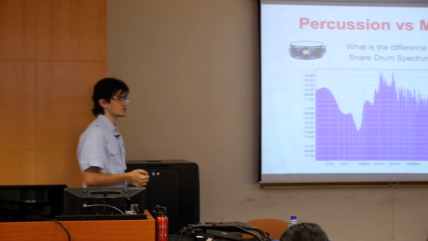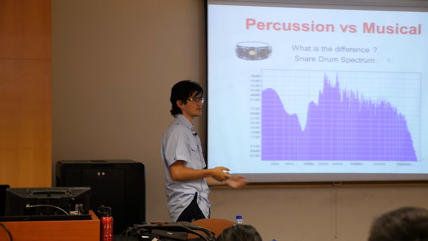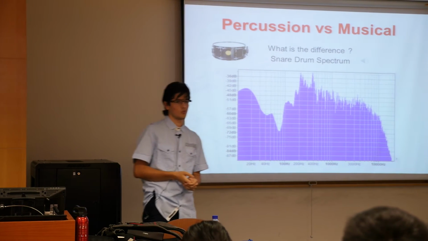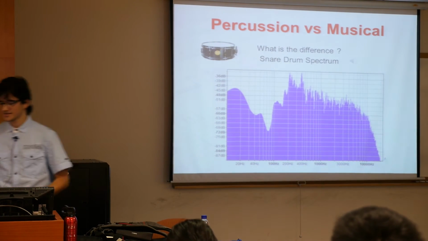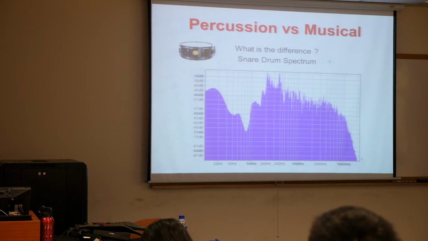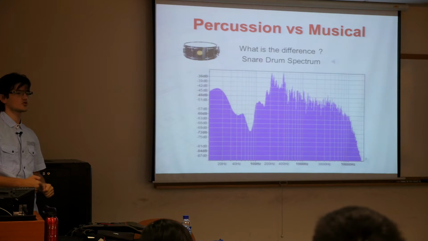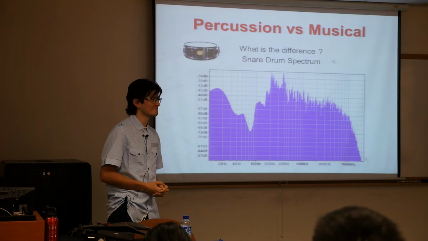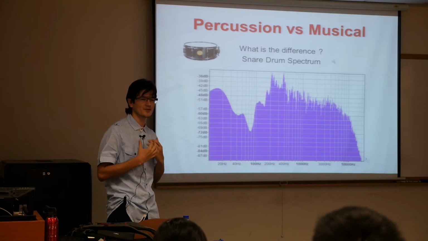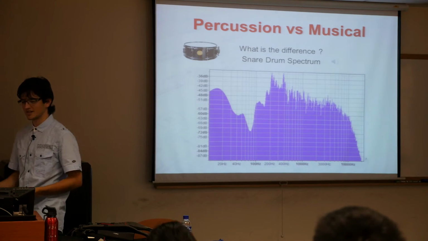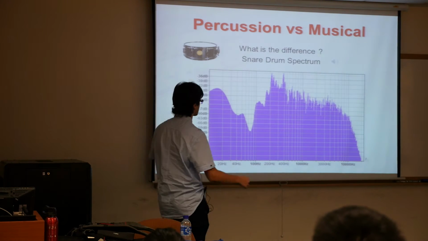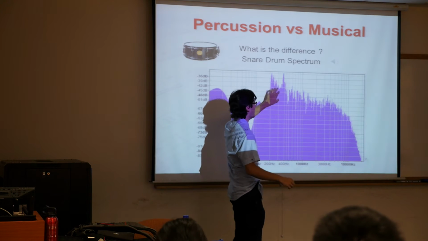Now comes the question, why do we call some instruments percussive? Well, let's listen to this sound. This is a snare drum sound. Let's listen to that again. Can anybody in this room hum that sound for me? Please hum the fundamental pitch of it. We cannot, because as we can see here, these peaks are so tiny and unrelated, okay?